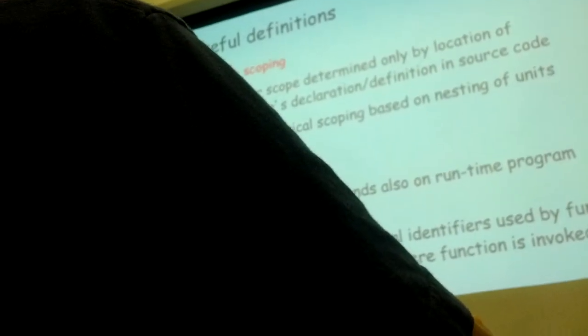The typical example of static scope rules is lexical scope based on nesting of units within units, which essentially says the scope of an identifier is the entire unit where it is defined, except for inner redefinition of the same identifier.